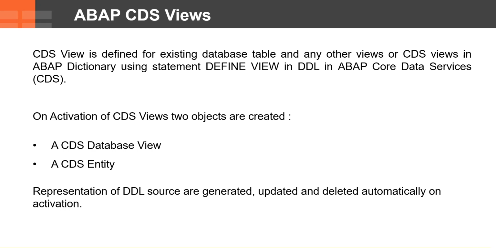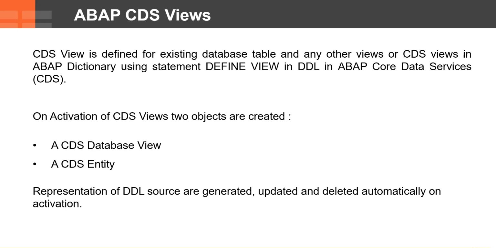ABAP CDS views. A CDS view can be defined for existing database tables like SFlight, SBook, or any standard tables, like the EPM application which I showed you in Unit 2, SNWD_SO, Enterprise Procurement Management tables, any existing tables. Other CDS views can also be used.